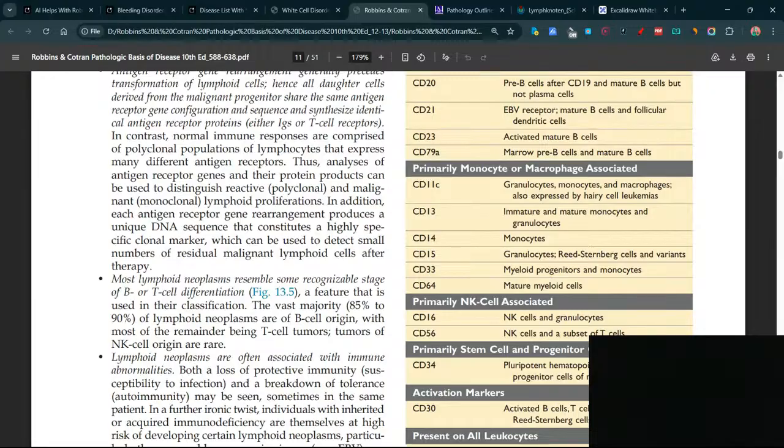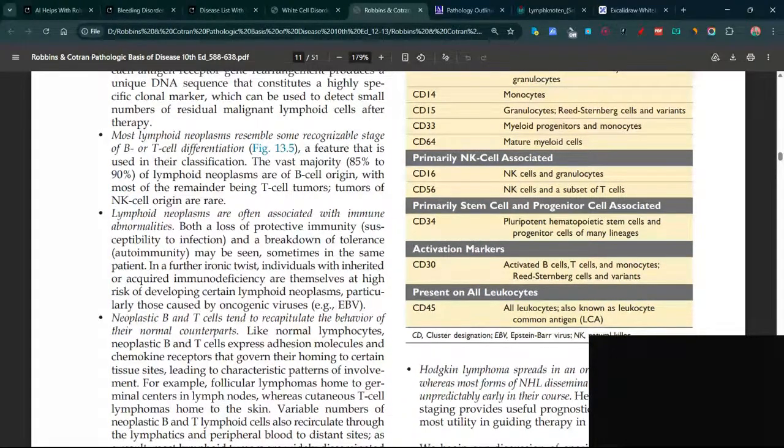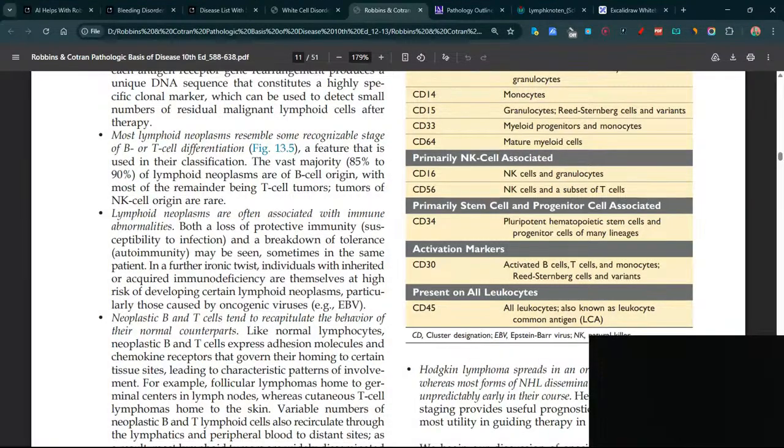And CD45 is the universal white blood cell tag, and almost all white blood cells have this. So boom.